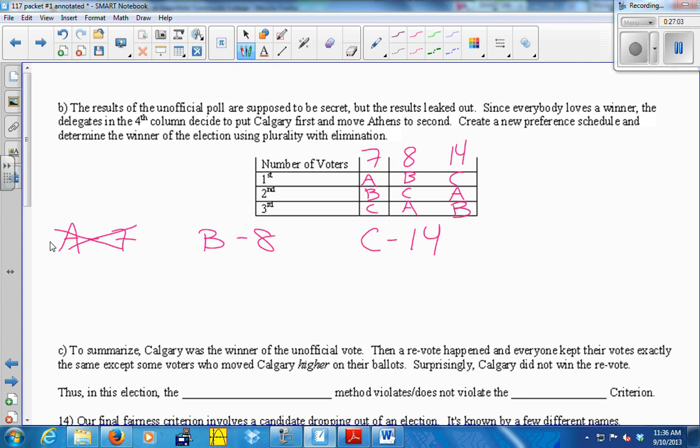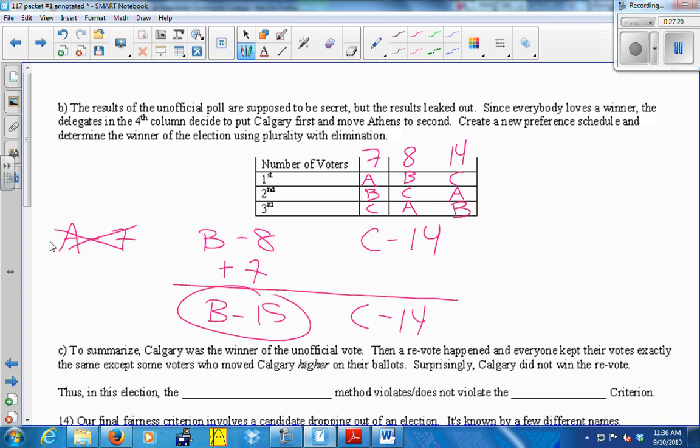We say these 7 people who had A in first place, if A is not an option, we know they'd go for B because they have B ranked next. So we're going to give those 7 votes to B. And now we have B with 15 and C with 14. And B wins the real election, the official election.